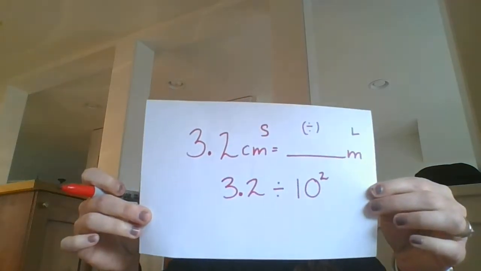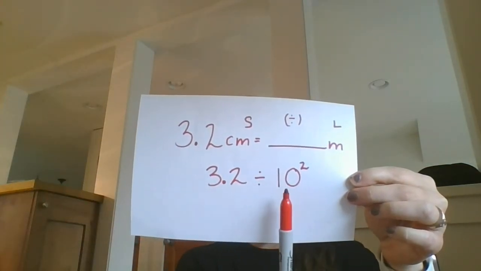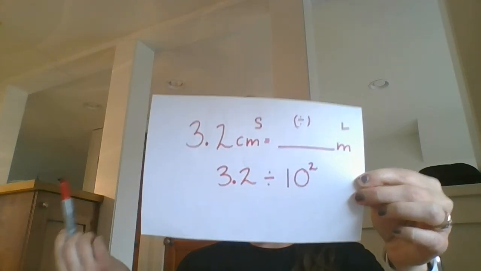2, right? So look at how I wrote this, you guys, and this should look familiar. I wrote it like a power of 10, right? So 10 being my base, which is my step, 2, my exponent being how many steps I took. Okay, so now I'm just going to solve this expression, and it's a decimal shift.